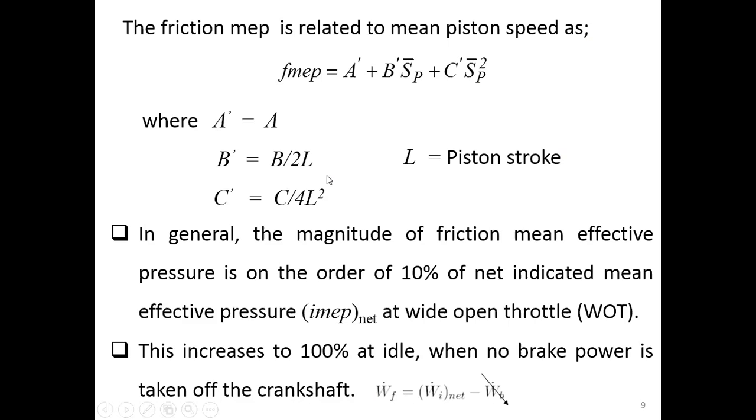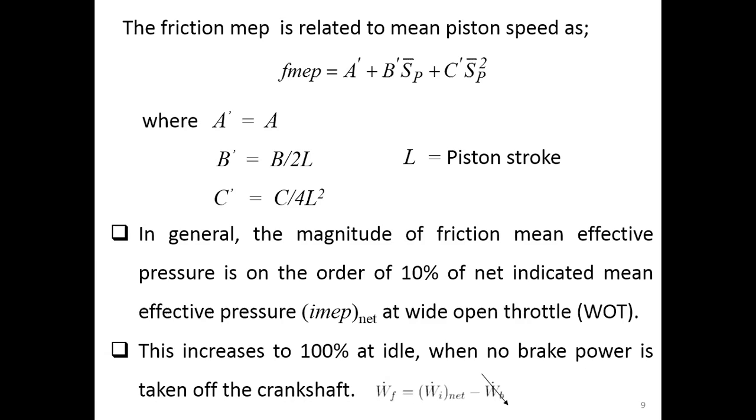So from the examples, right now you can see that we can also relate the friction force or the friction mean effective pressure to the mean piston speed, because in our previous examples, they talk about not the velocity of the flow, but the piston speed.